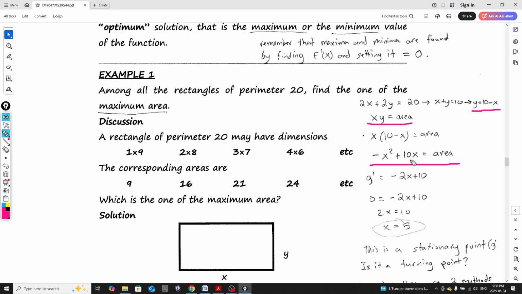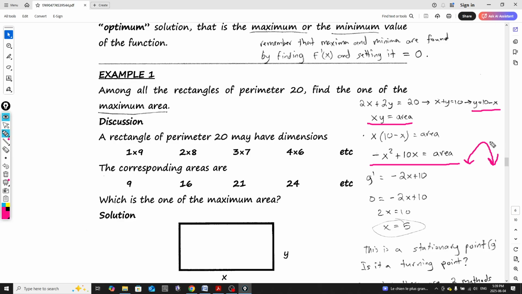You're probably already clueing into this, because this is a quadratic, and this is a parabola that's facing down, because of this negative right here. This is a parabola where the y values are area, and the x values correspond to this length right here.